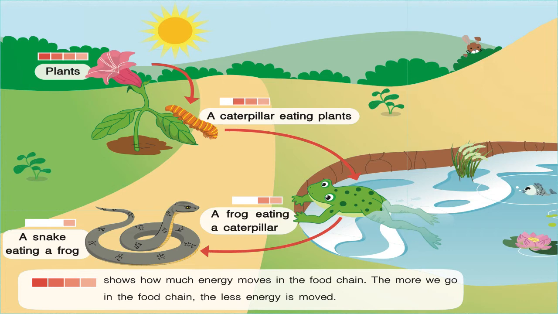A frog eating a caterpillar, also the energy bar reduces to 2 bars. And lastly, a snake eating a frog reduces to 1 bar. So the last energy will be stored in the snake, but lesser energy.